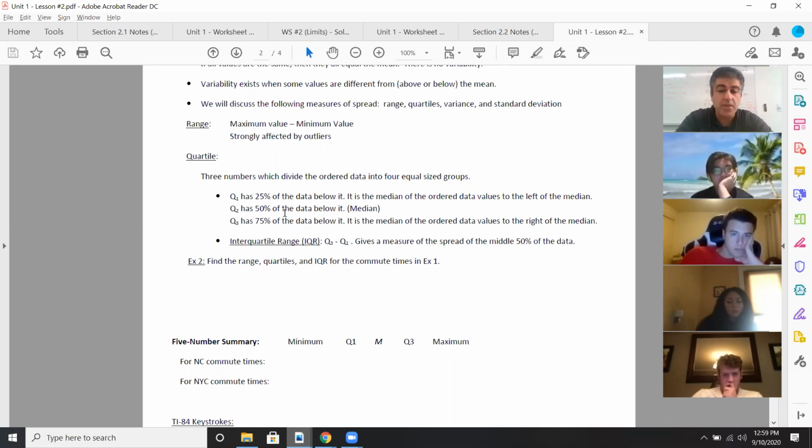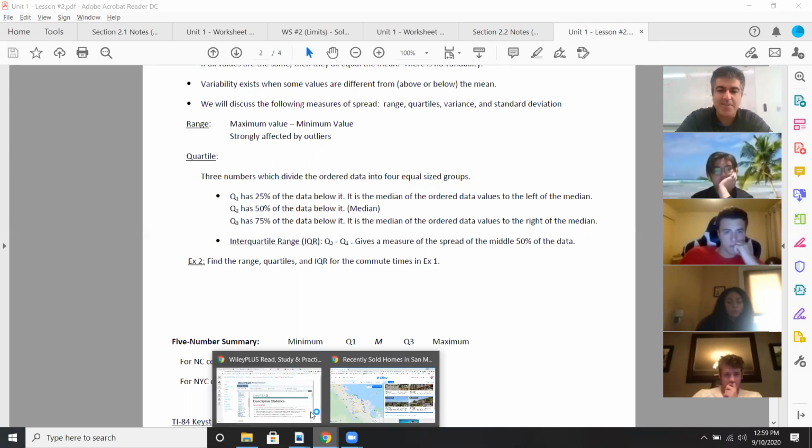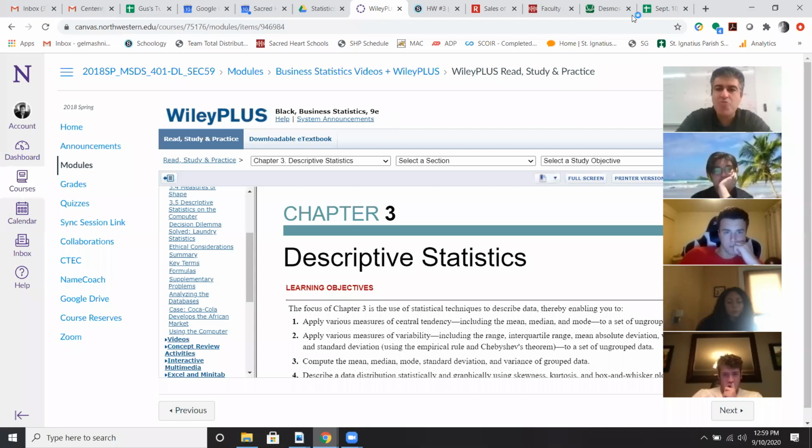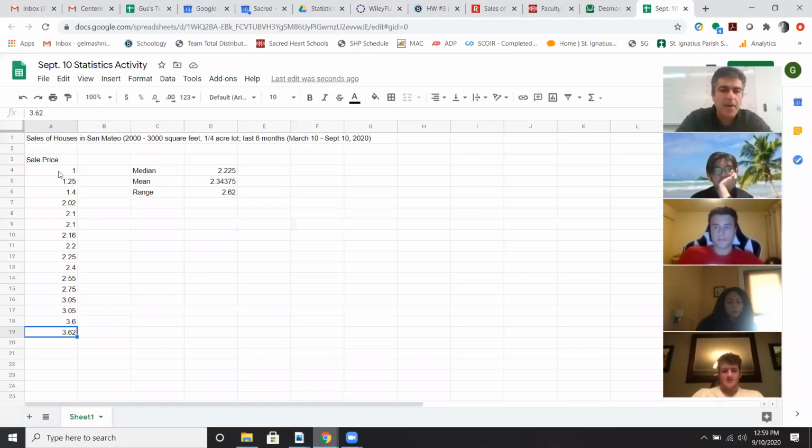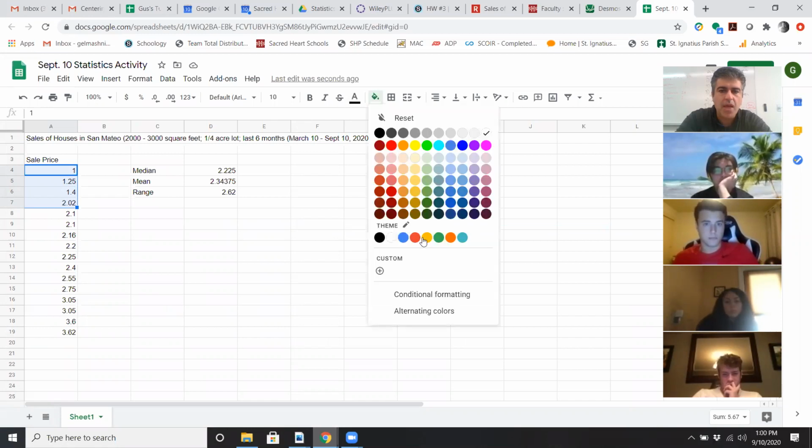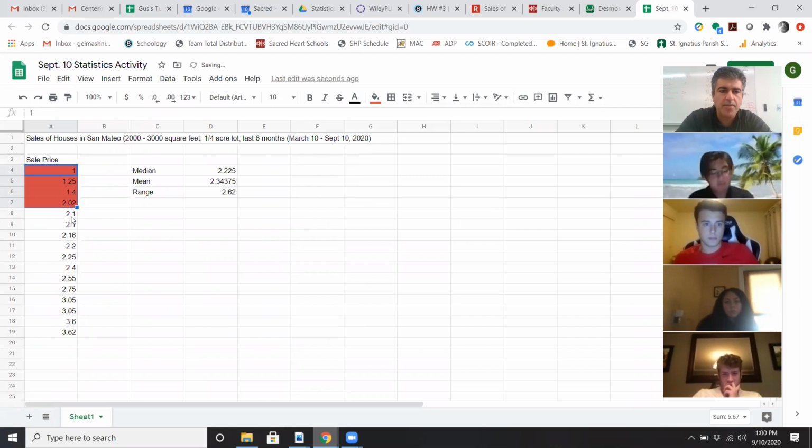So looking at our data, we're very lucky that we had 16 data points. That wasn't intentional, it just happened. So because I have 16 data points, I'm going to highlight. That will be my first quartile.